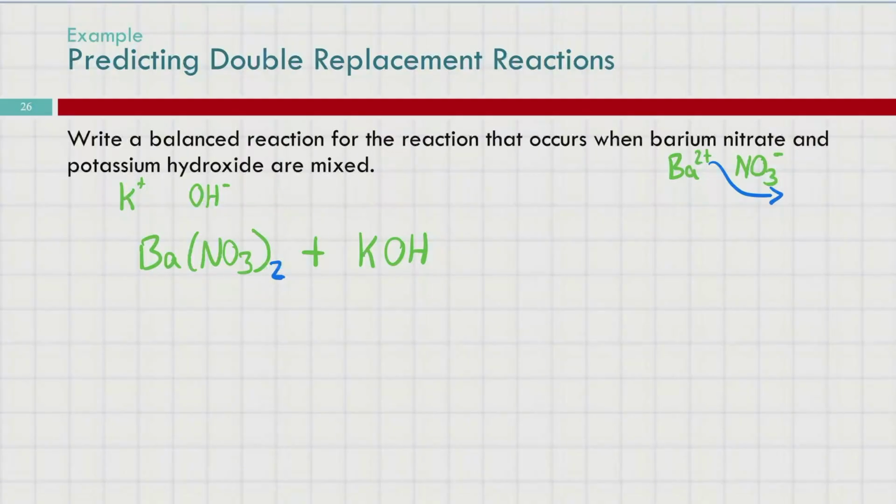Questions about what we've done so far? All right, I'm going to rewrite them as separated ions. This is sort of optional because we already wrote that up above, but this is the process that I would be doing if we were given just the chemical equations, for example, on the left side.